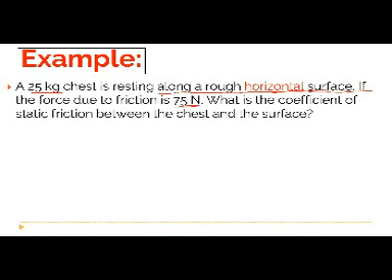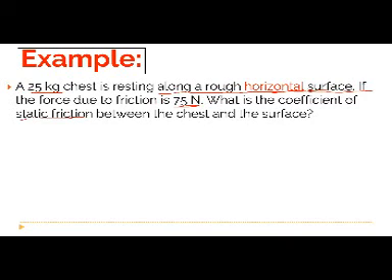What is the coefficient of static friction between the chest and the surface? So the question is, what could be the coefficient of static friction between the chest and the surface?